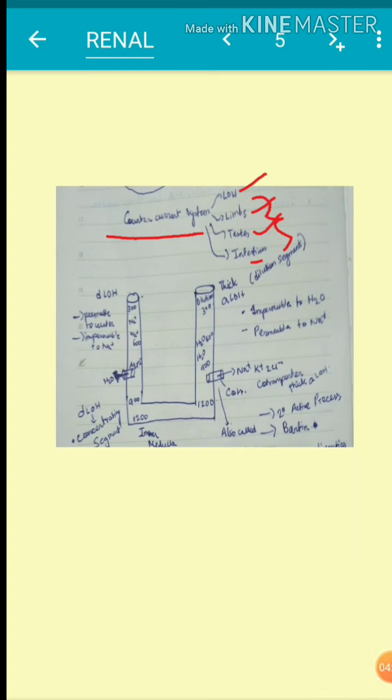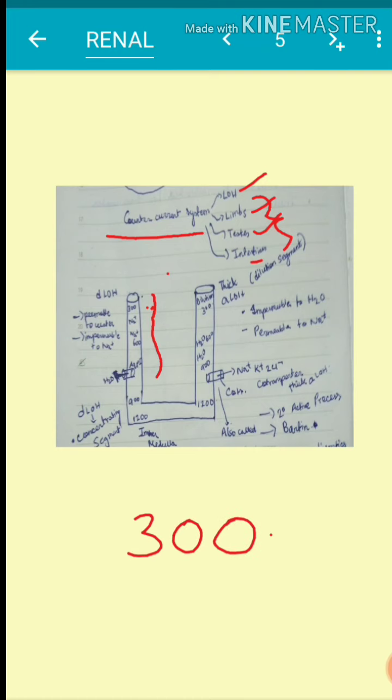So as all of you can see here, this is the descending loop of Henle, and initially at the starting, the total concentration of urine is 300 milliosmol.